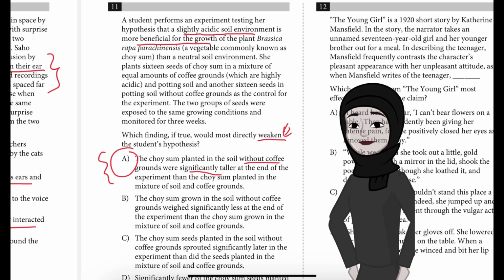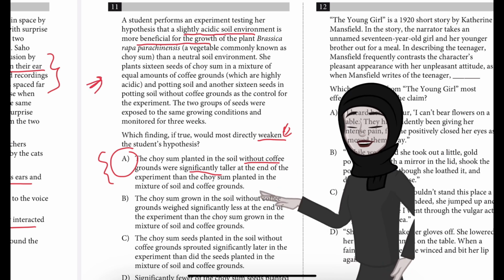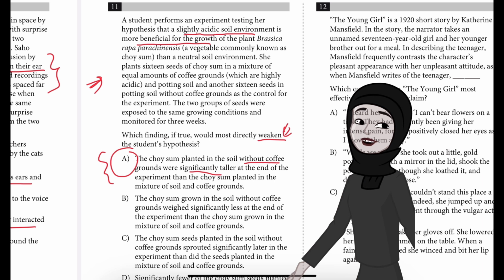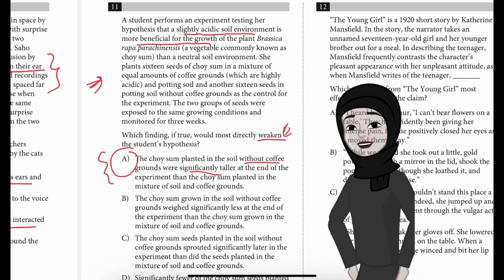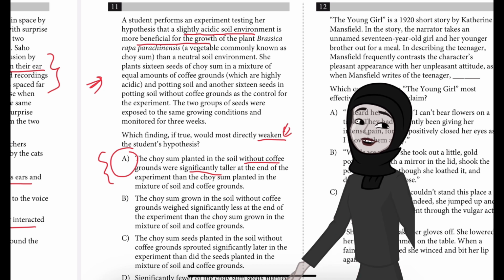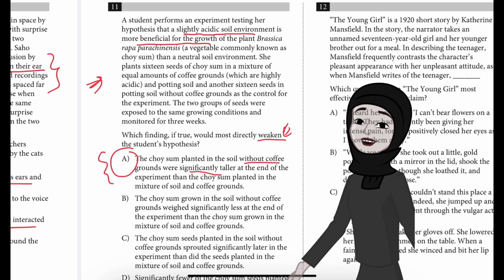The text then explains that the student planted 16 choy seeds in potting soil with coffee grounds added to increase acidity and another 16 seeds in soil without coffee grounds as a control group, just to compare. That is a group identical to the experimental group except for the experimental modification being tested. If the hypothesis were correct, the plants in the more acidic soil and coffee grounds mixture would grow faster than those in the control group.